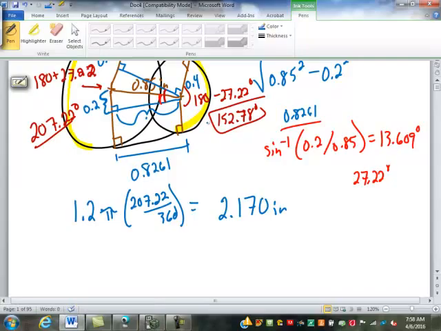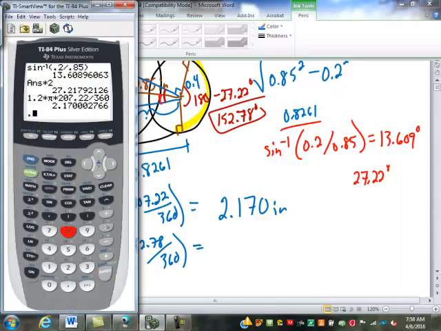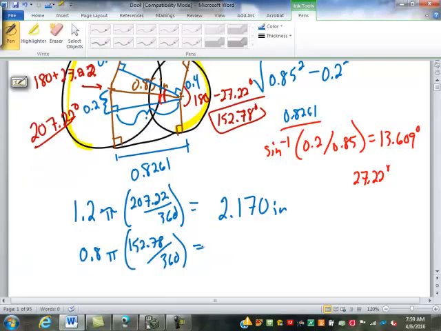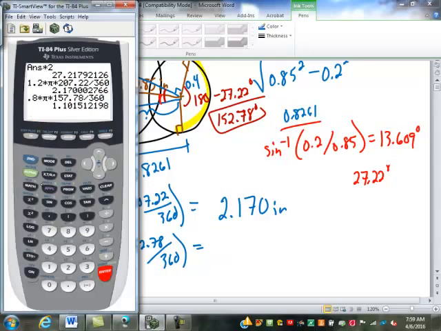Over here, I'm going to take the diameter of 0.8 times pi times 152.78 over 360. Oops, this is 152, not 157, that's why.